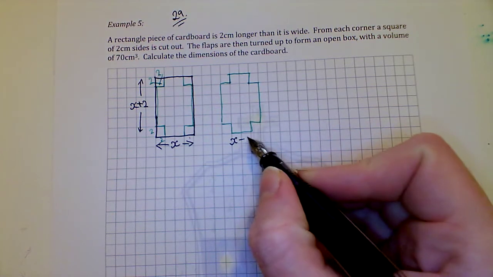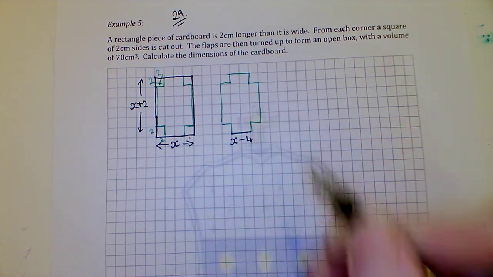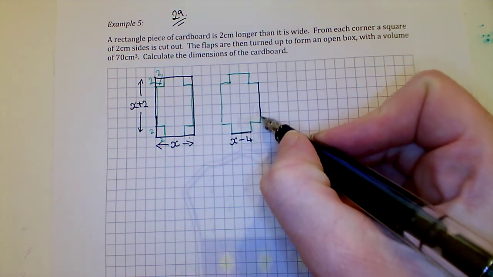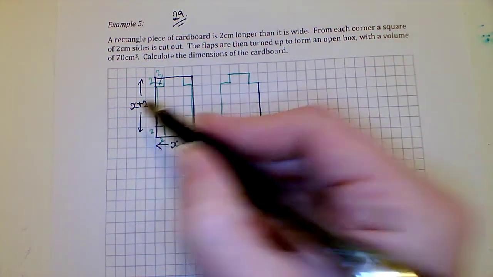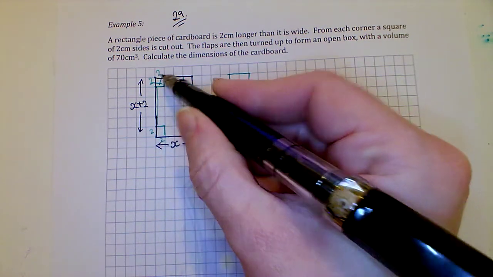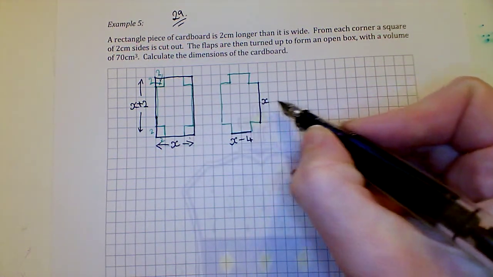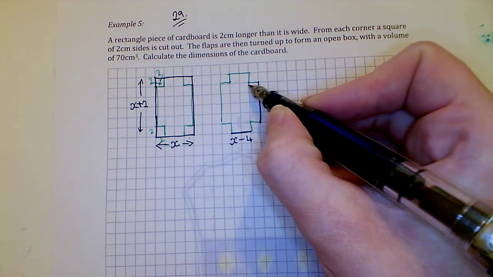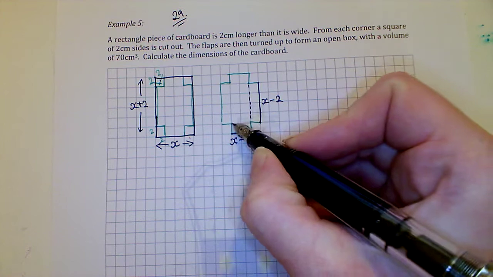And so this bit that's left over is x minus 4. This was x plus 2, but again I have to subtract 2 from here and 2 from here. So this is now x minus 2. And each of these little flaps are 2 centimeters themselves.